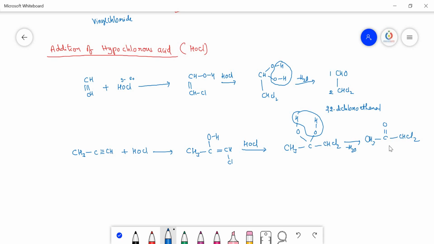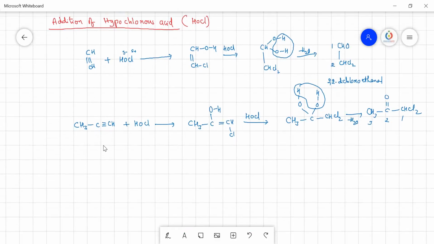Now from this side you will give the numbers 1, 2, 3. If you number from this side also, the CO part will get 2, but this part will get the last number, so preferably you number from this side. So it is 1,1-dichloroacetone or 1,1-dichloropropanone is the IUPAC name.